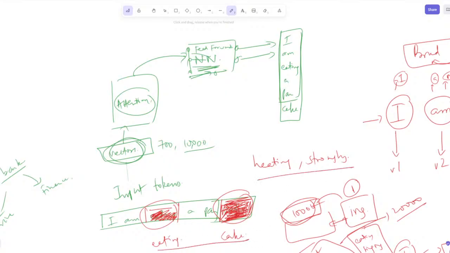This is also reasonable. But saying "I am crushing a pan tomb" makes little sense. So at this point, this is bad output, this is good output, this is also good output. Is this making sense, folks?